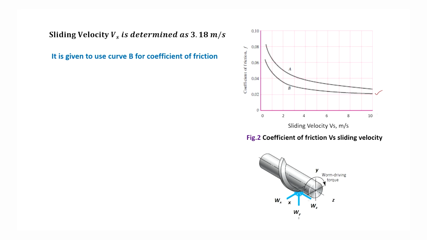Now, as per the sliding velocity, which is 3.18, so 3 will be somewhere here and 18, so somewhere here. So, corresponding to that, we will get the value of our coefficient of friction f, and it is 0.03.